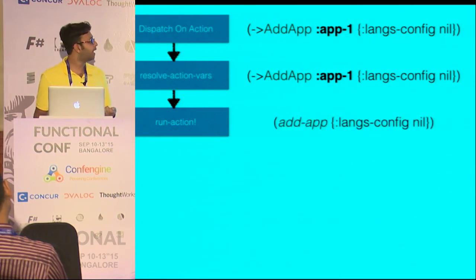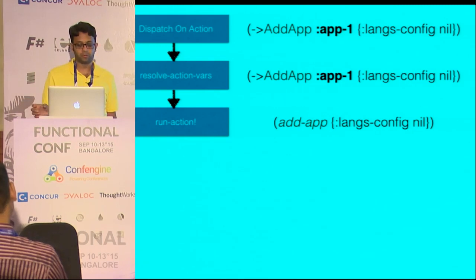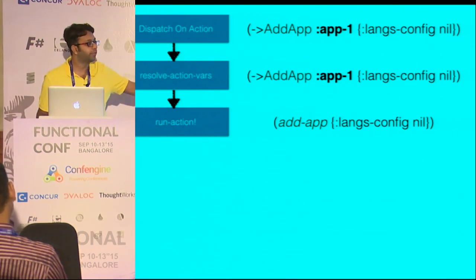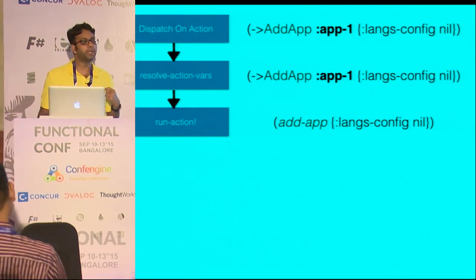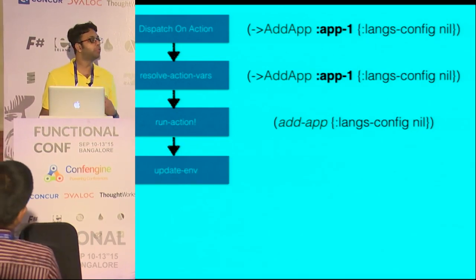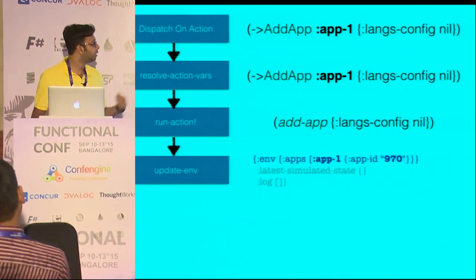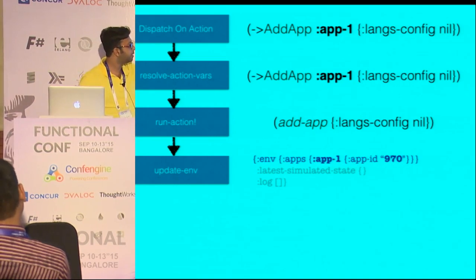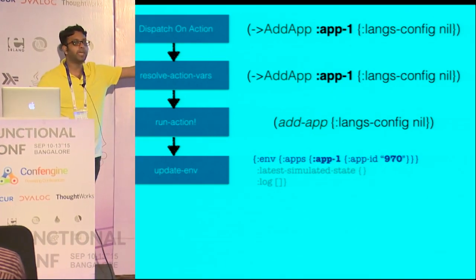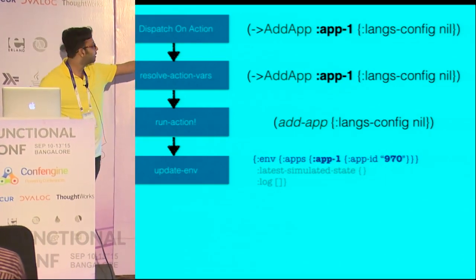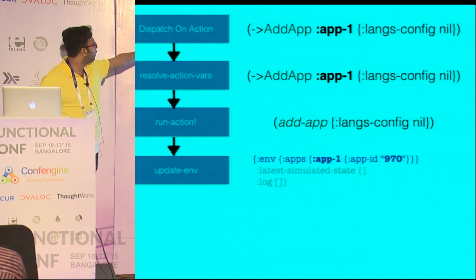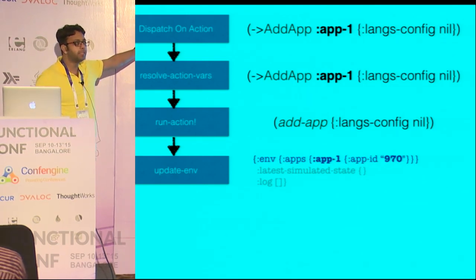So to add an app, I need to call some internal implementation of add app with the argument lang config nil. That will return me an ID, which I will use to update the environment. So in the environment, I'm adding app1, and that ID is 970. This ID 970 I got from run action, which is the side effect that happened.